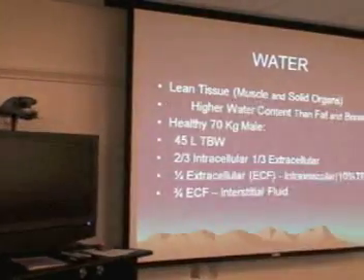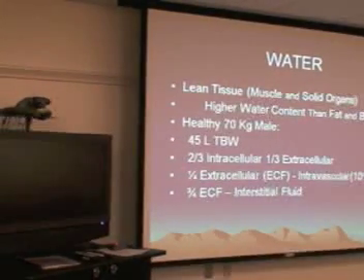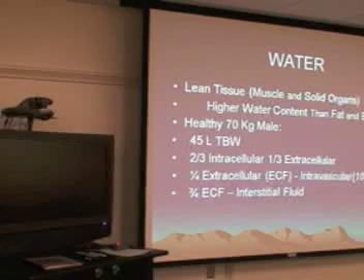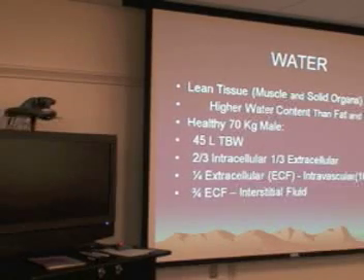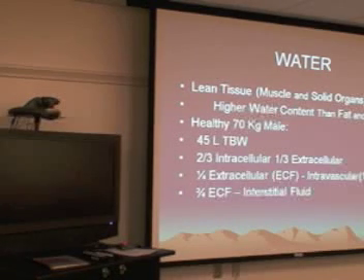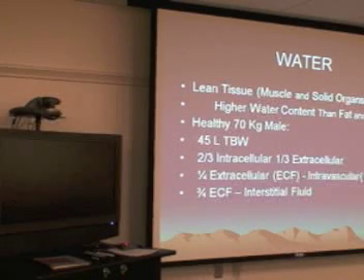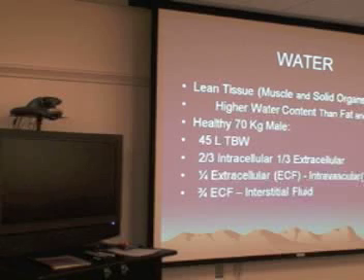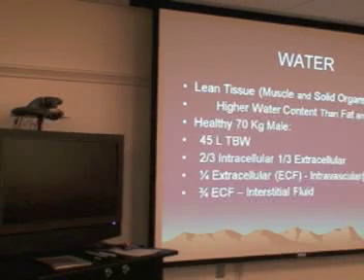An example, and now we're dealing with the water composition of the body. Typical healthy male, 70 kilograms, fairly lean, unlike most of our patients. Muscle and solid organ. Our obese patients have more fat. They'll have a higher water content.